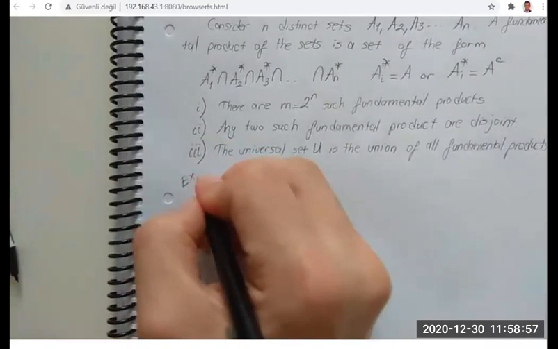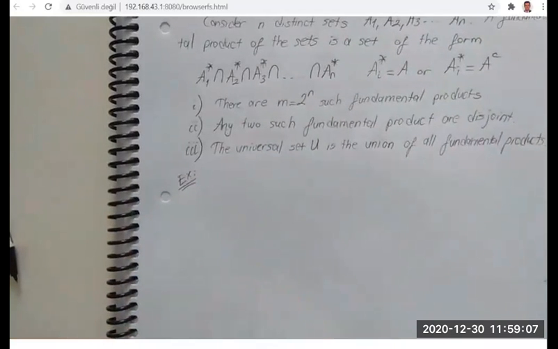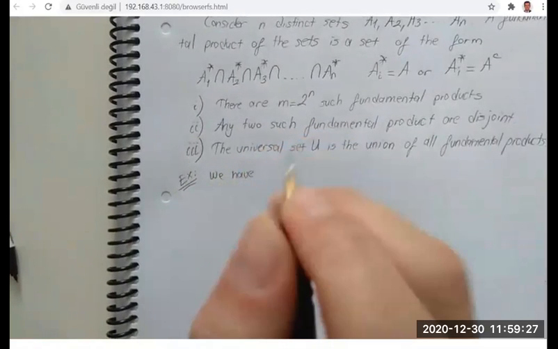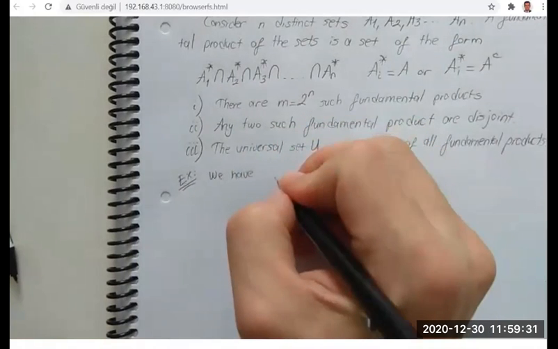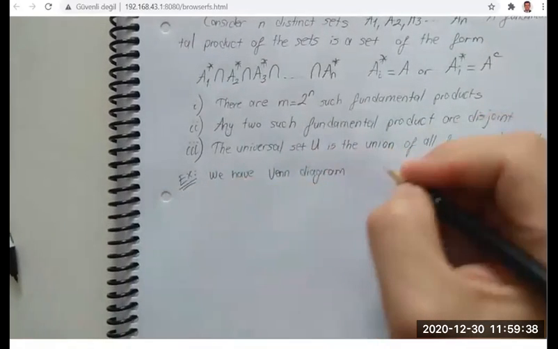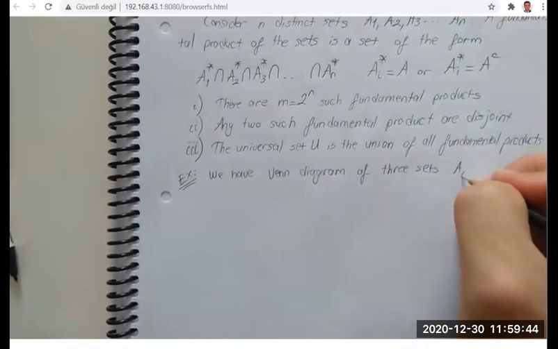Example 1.58. Let's say we have a Venn diagram of three sets A, B, C.